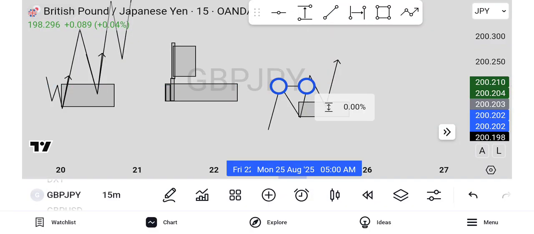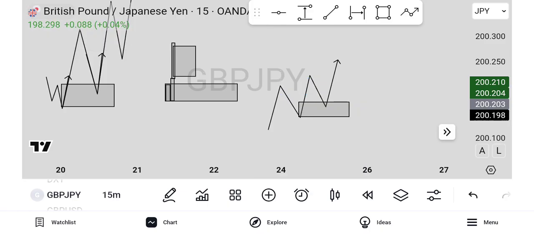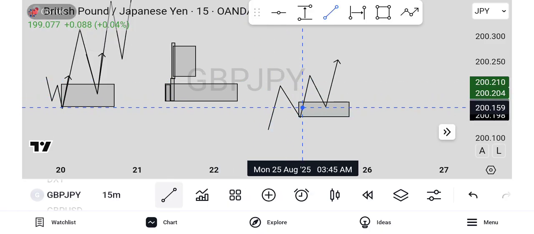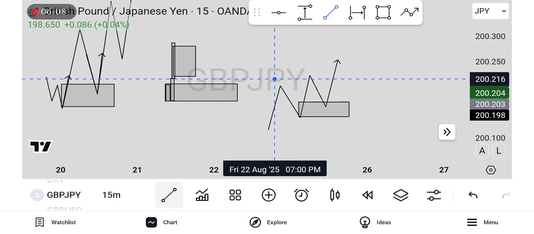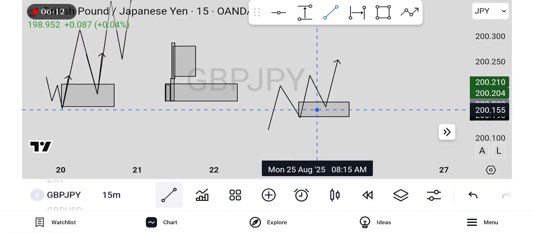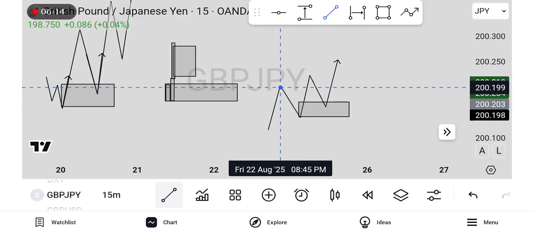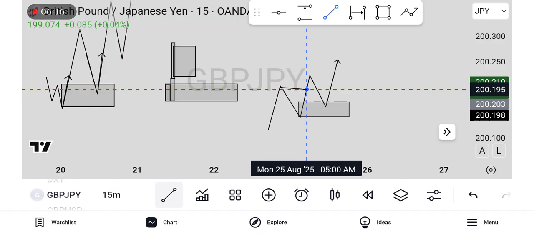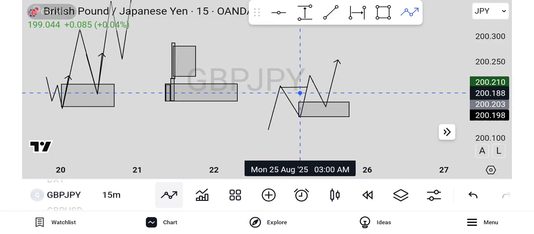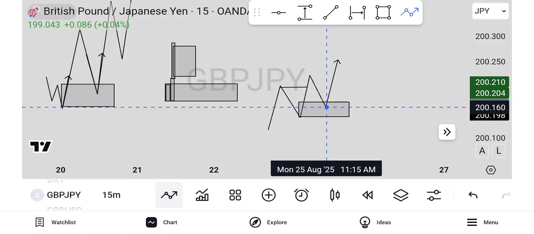Okay, no, not that one. This is the order block now. It broke this structure, and it was able to hold price when price came to this point and tapped.